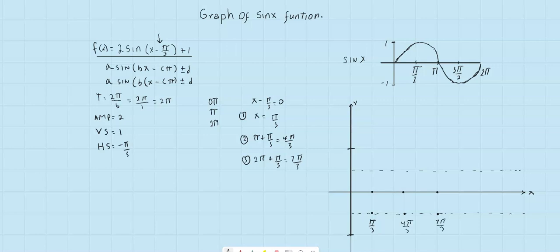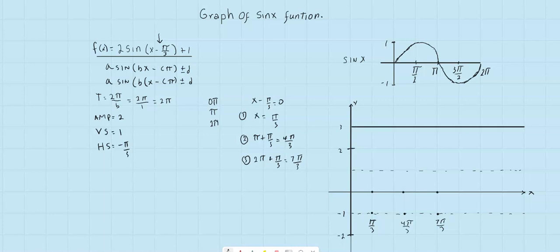Initially the range was negative 2 to 2, but now it's going to shift up 1, so it's going to be negative 1 and positive 3. Let me write this line right here for reference.